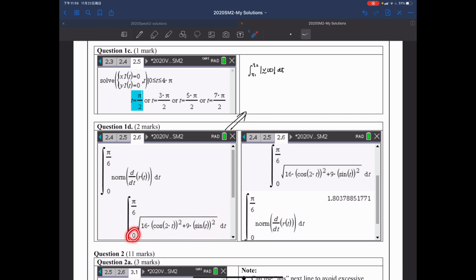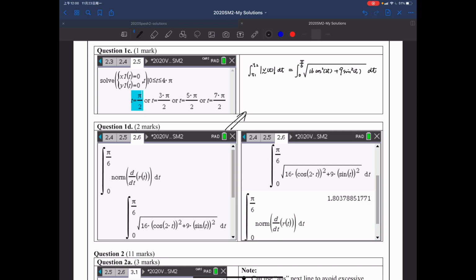And I'm going from 0 to pi over 6, which means my t1 is just 0, my t2 is pi over 6. And then I could write down the square root of 16 cosine squared 2t plus 9 sine squared t, dt. That's it.